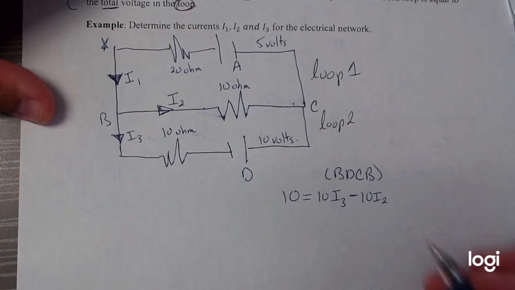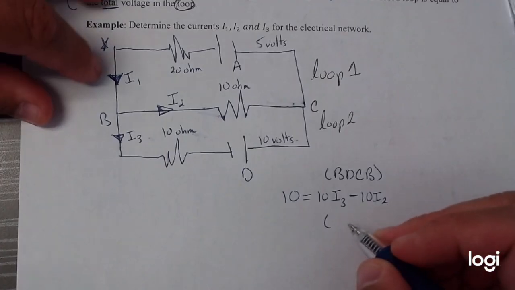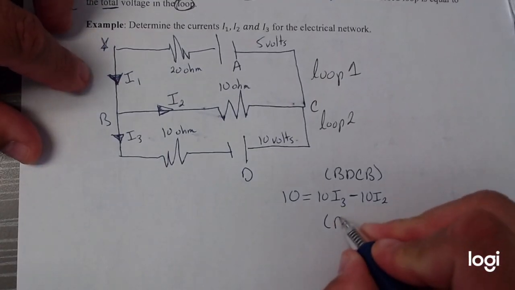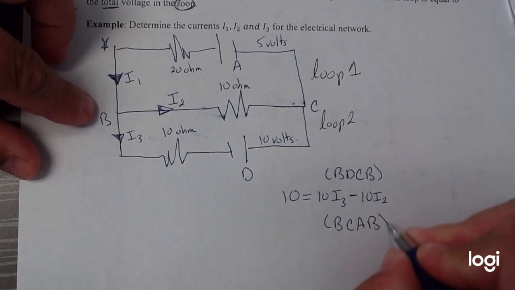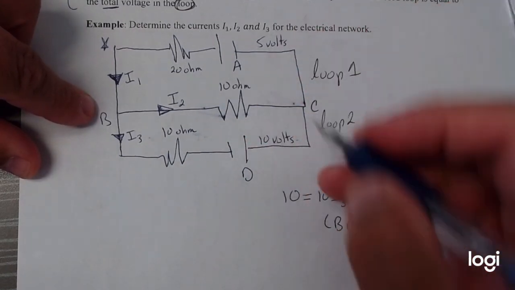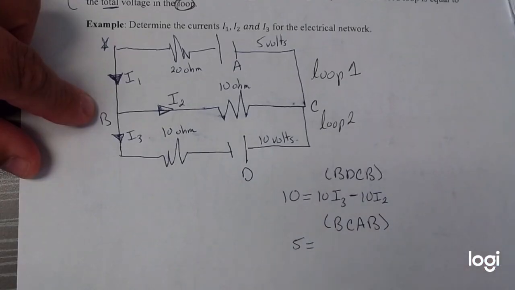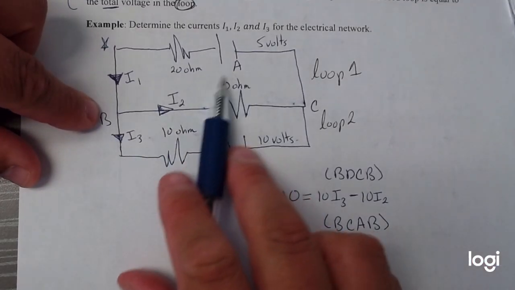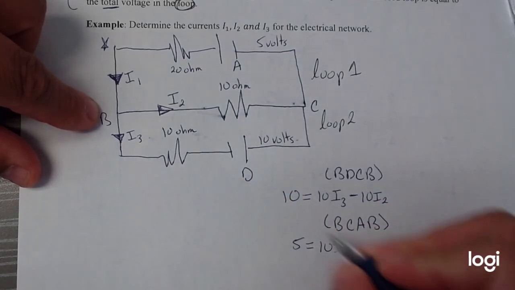And then we do the same thing for loop 1. So in loop 1, we're going to again start at B. Now this time go to C, A, then back to B. So this had a total voltage of 5. Okay. All right, so again, if I follow the same voltage portion, it's going to be 10 I2.